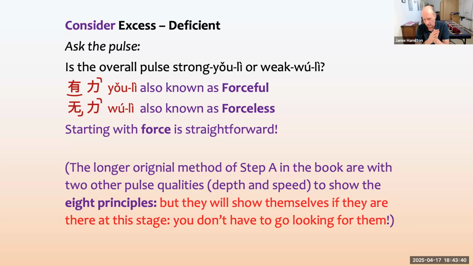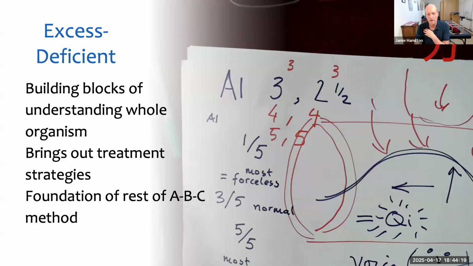Having worked with this method for a while, this aspect has just dropped off because it's not so useful to look for depth and speed at this point. My impression is that when a pulse has got more going on, you just read the information. You have a sense of it. When you're trying to do this excess deficiency reading, forceful and forceless, if it's necessary, you just begin to pick up other information.